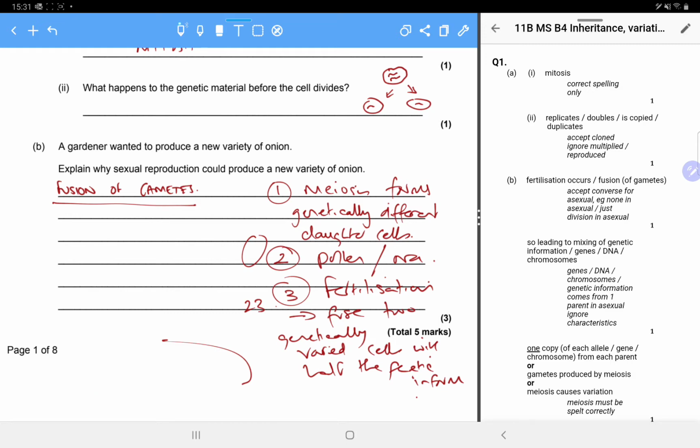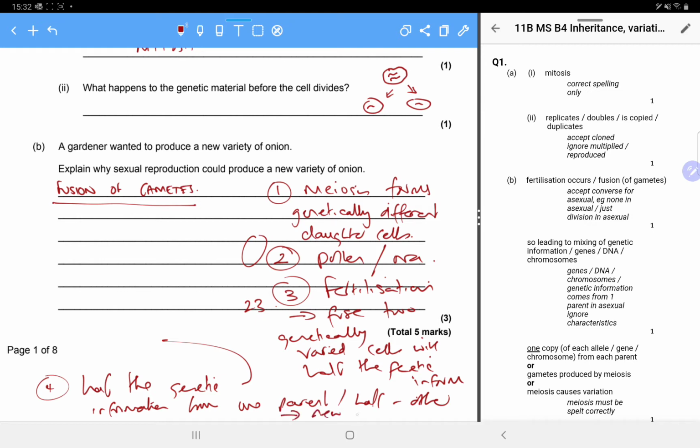And so 4, you'd get half the genetic information from one parent, half the other, which goes to a new genetic combination.